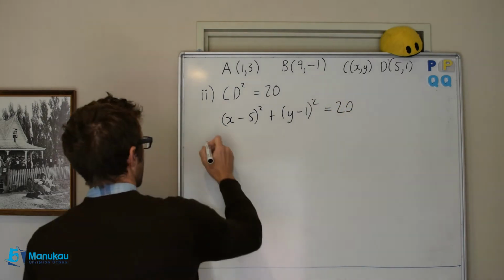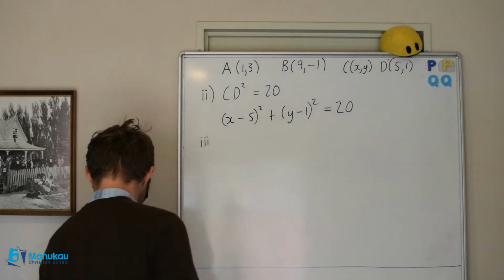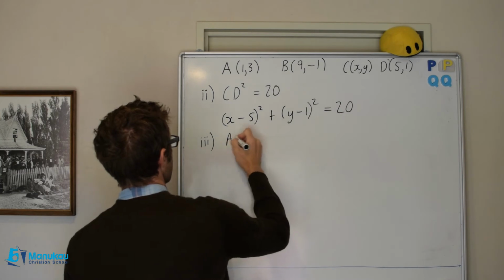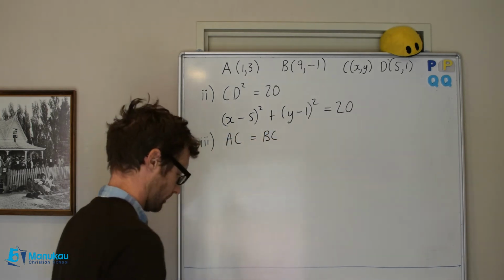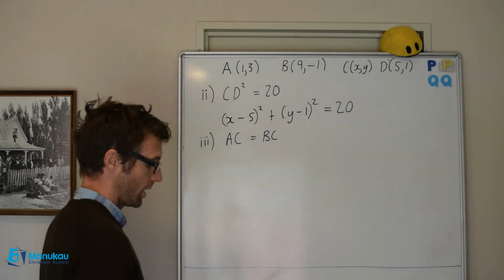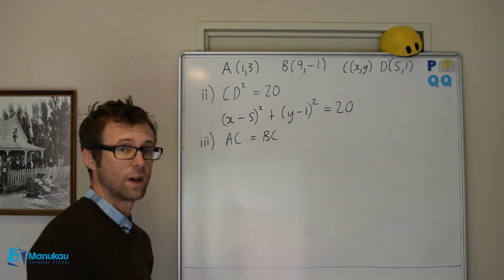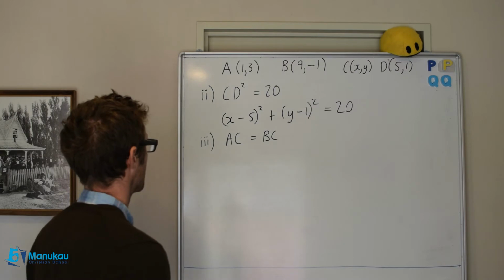Now we're moving on to part 3, and in this it is given that AC is equal to BC, and we've got to find an equation relating x and y and show that it can be simplified to y equals 2x minus 9.